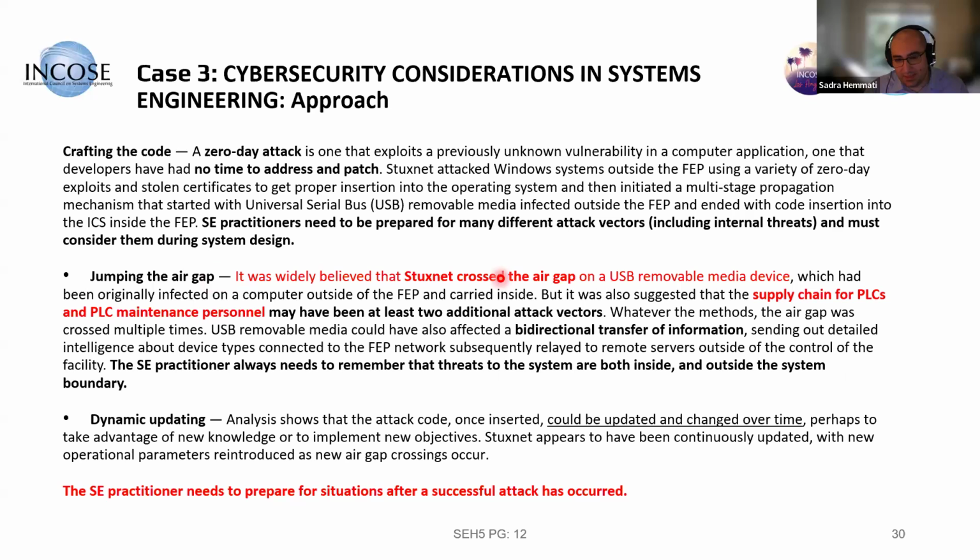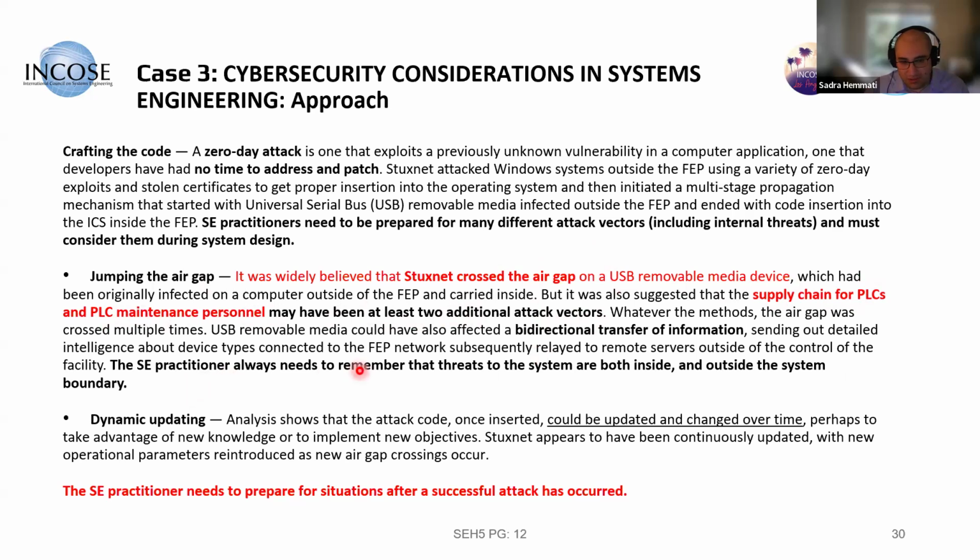Even though they were disconnected from the internet, they did not consider enough that the adversary can transmit the virus through a USB removable media device. The supply chain for PLCs and the PLC maintenance personnel were two additional attack vectors.